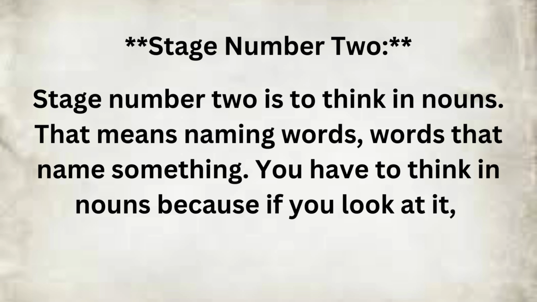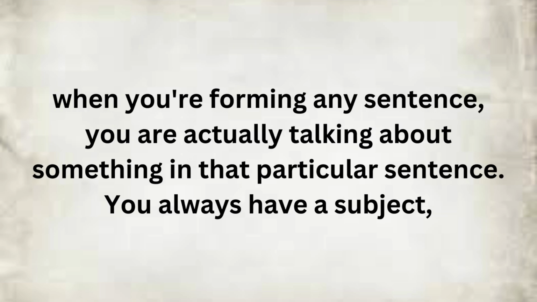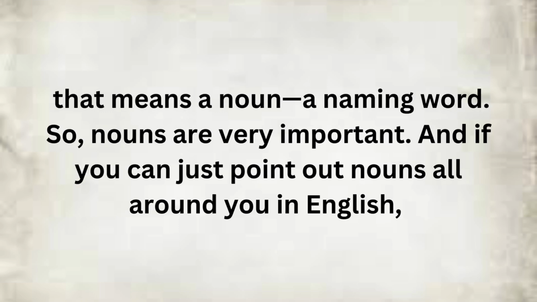You have to think in nouns because when you're forming any sentence, you are actually talking about something in that particular sentence. You always have a subject, that means a noun, a naming word. So, nouns are very important.